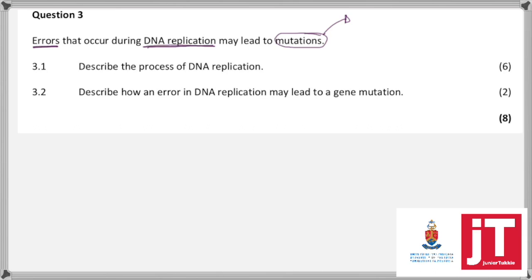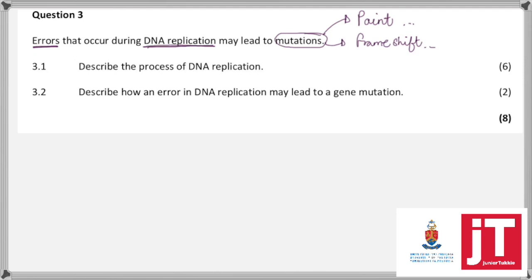So what is a mutation actually? A mutation can be either point or frame shift. So the department is getting a little bit more specific. Sometimes when it comes to these mutations, we refer to point mutations. We don't really look at frame shift mutations. We broadly categorize these mutations as chromosomal mutations.